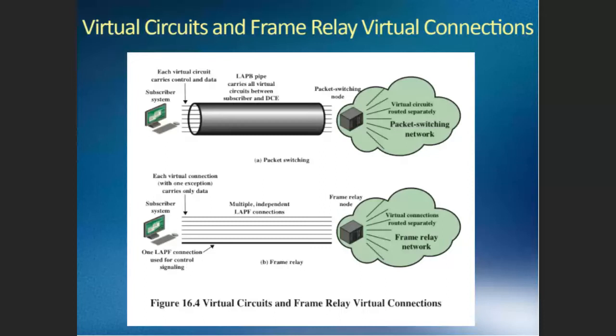These are the virtual circuits and frame relay virtual connections. We have studied these. On top is the packet switching. Each virtual circuit carries control and data. On frame relay, we have multiple independent connections.